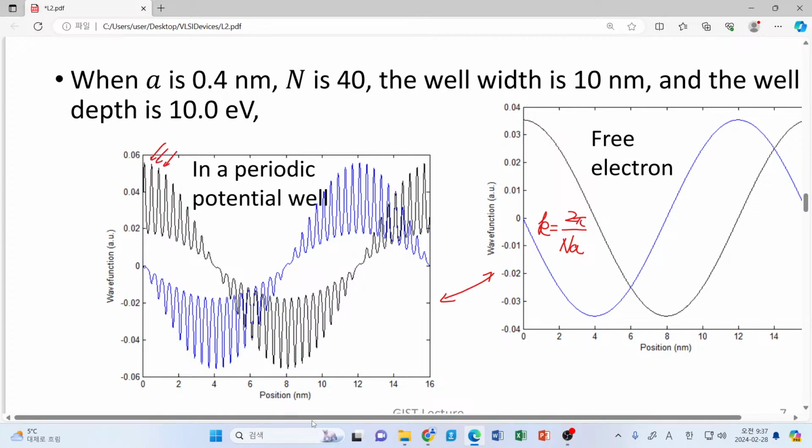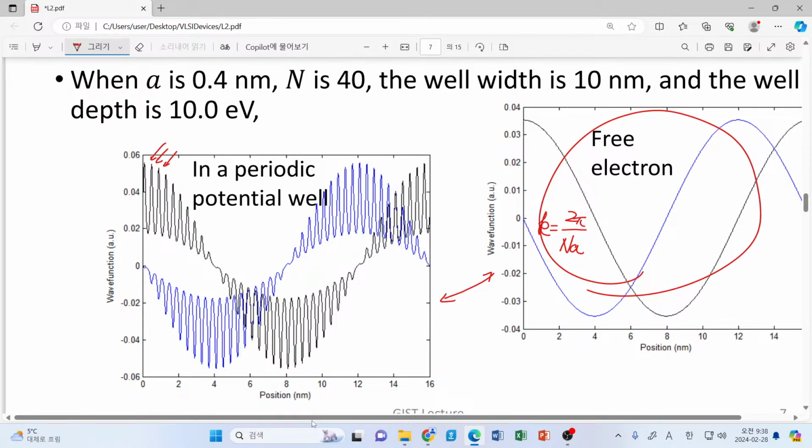So please note that this is corresponding to the lowest energy. This is K equal to 1, and its energy is quite low, and the wave function is formally quite smooth. But when we go to a periodic potential well, what happens? You can see so many ups and downs.